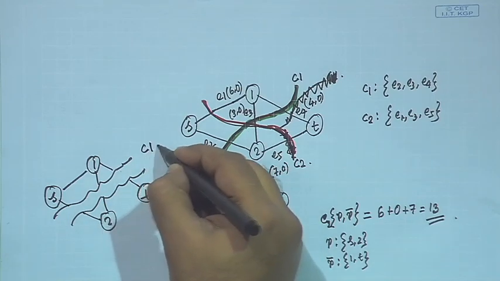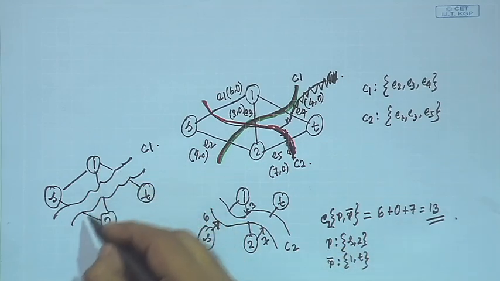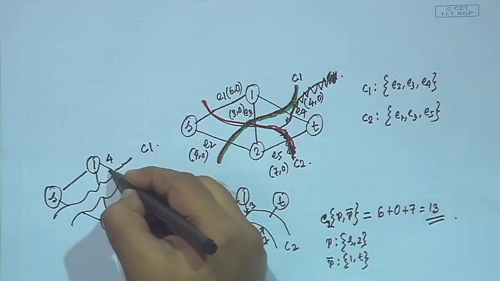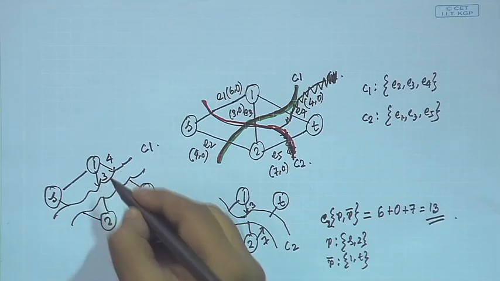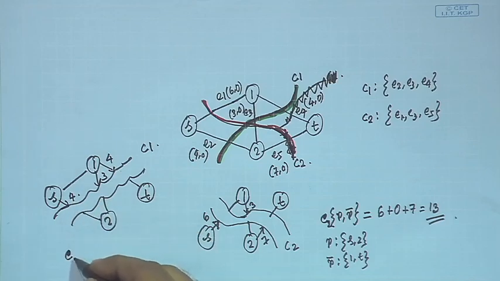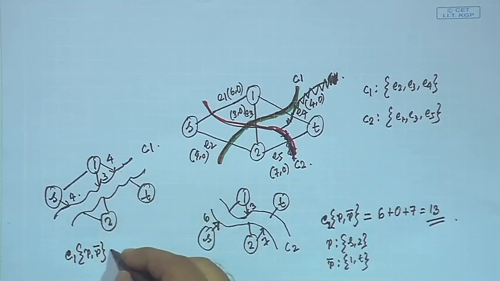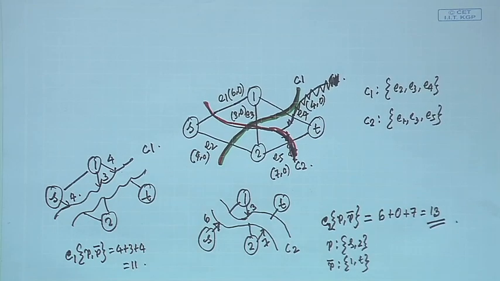So, this is the cut C1, and this is the cut C2. When there is a C1 cut, 1 to T the capacity was 4, 1 to 2 the capacity was 3, and S to 2 capacity was 4. So, C1 P bar would be 4 plus 3 plus 4, that is 11. I hope you understand how you look at such kind of node capacities.